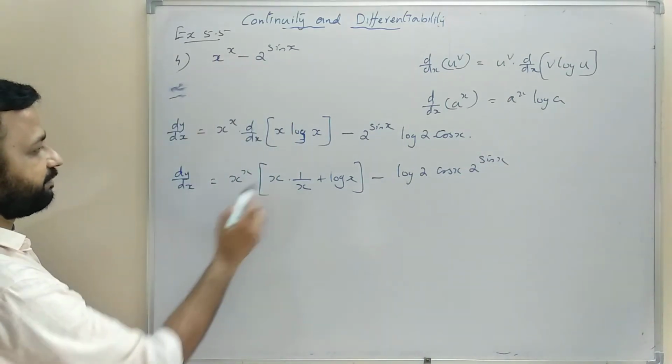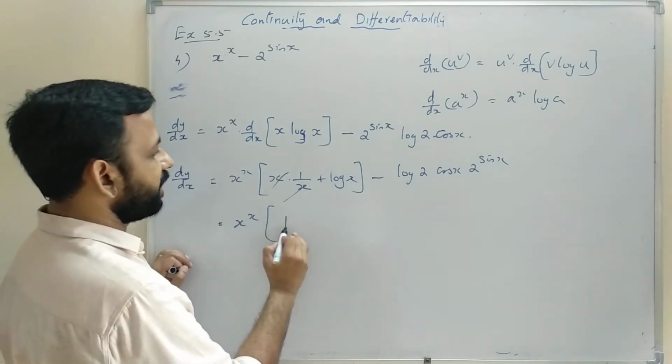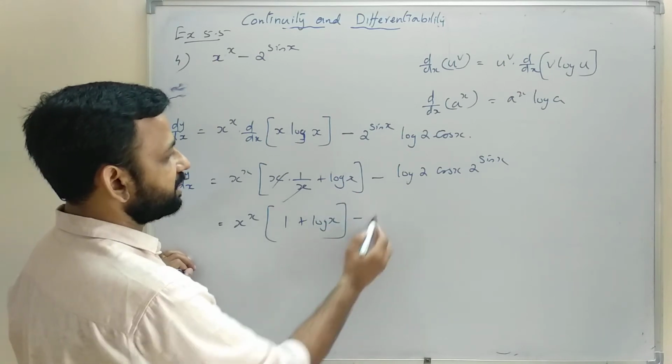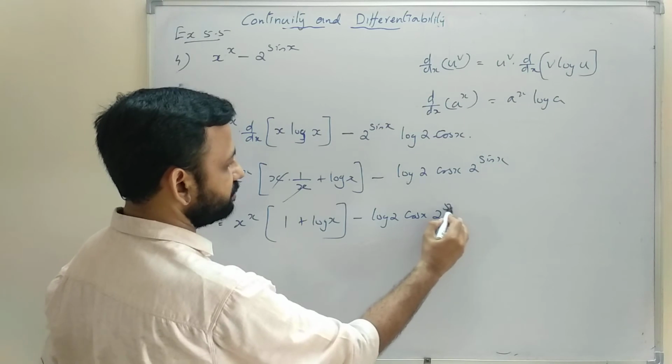Then one more step: x raised to x, and x cancelled, so 1 plus log x, minus log 2 cos x into 2 raised to sin x.